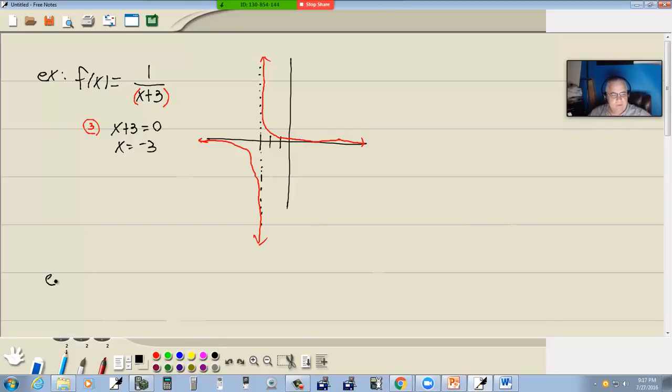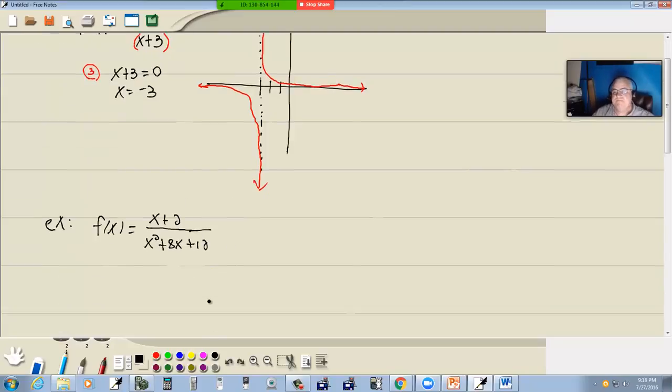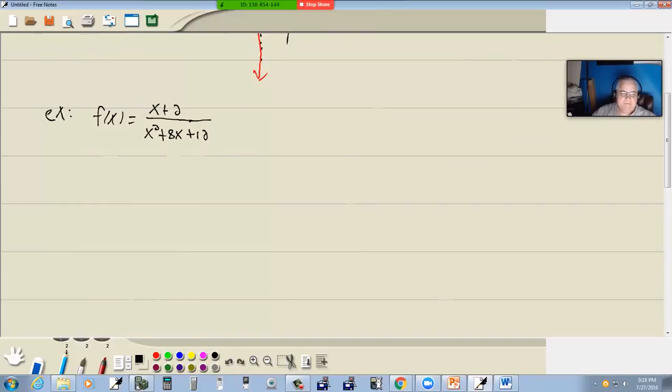Now, you may have a little bit more challenging problem than that. For example, if we have f of x equal to x plus 2 over x squared plus 8x plus 12, and same instructions, find the vertical asymptotes. Well, step 1, we factor the top, factor the bottom.